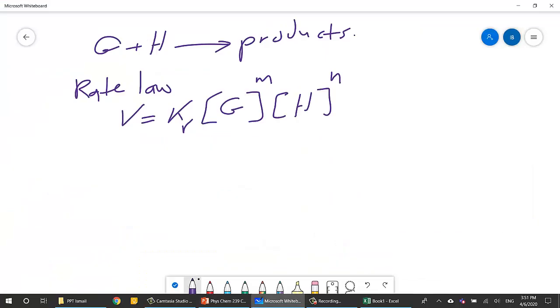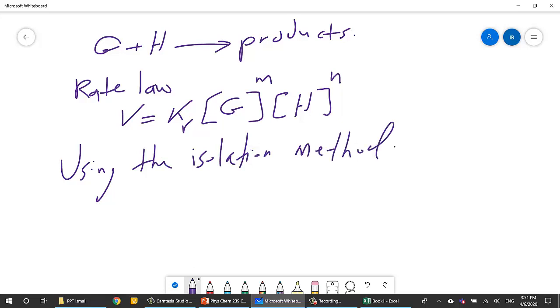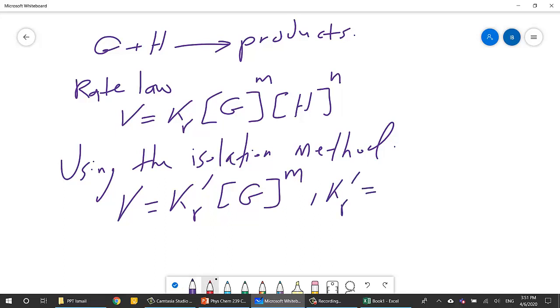Using the isolation method, this tends to be V is equal to Kr prime times G power M, where Kr prime is actually equal to the old Kr and this, because I'm fixing H as constant.